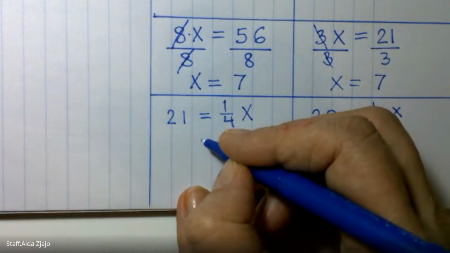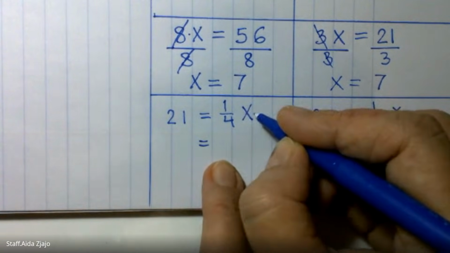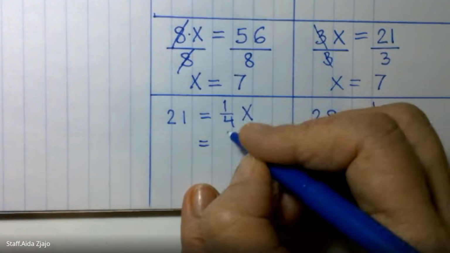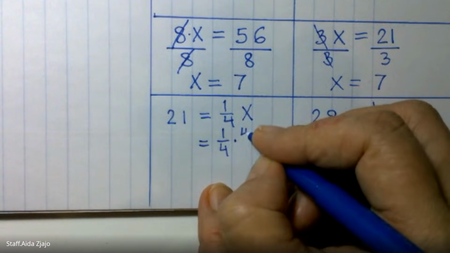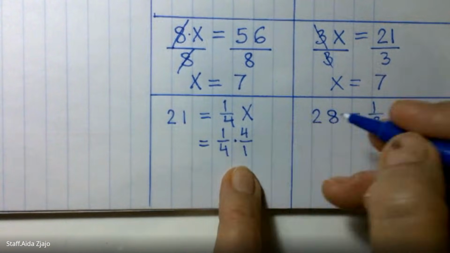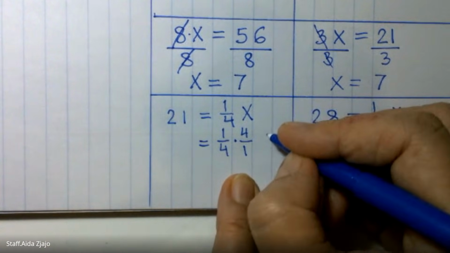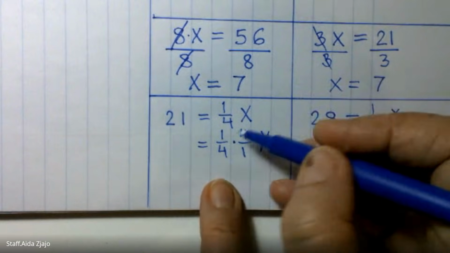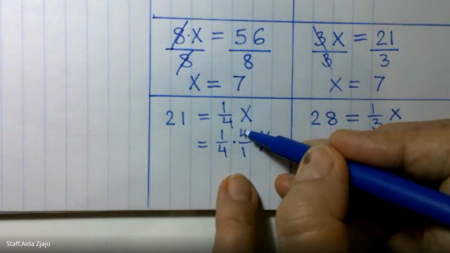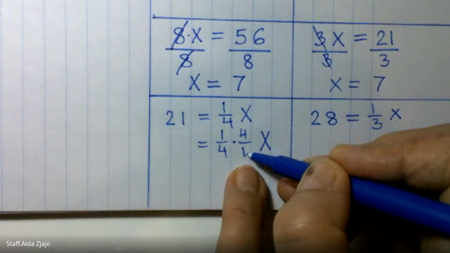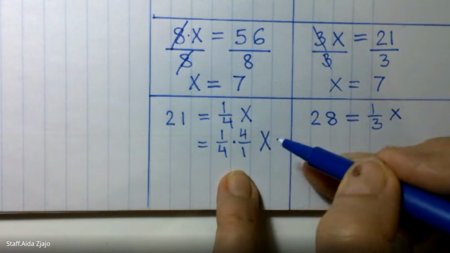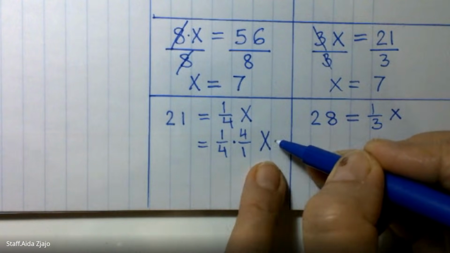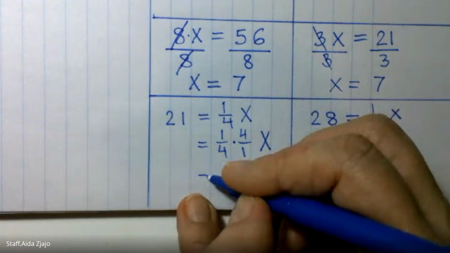So if I look at this one, I want to have x by itself, so I can do 1/4 times 4 over 1, which is the reciprocal, and then that will cancel. 1 times 4 is 4, 4 times 1 is 4, so I got 4/4, which is 1, and 1 times x is x.